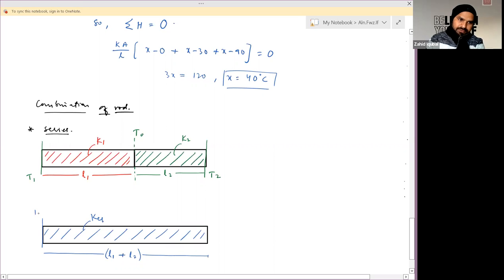So temperature of this end is T1 and this end is T2. Area of cross section A and A. So this is equivalent part of the above combination. Ifra, is it clear?